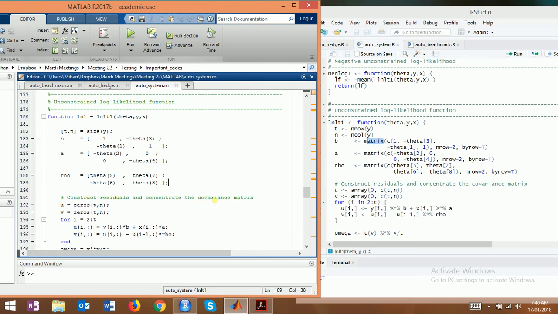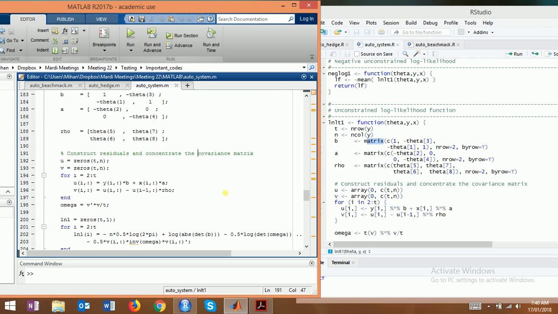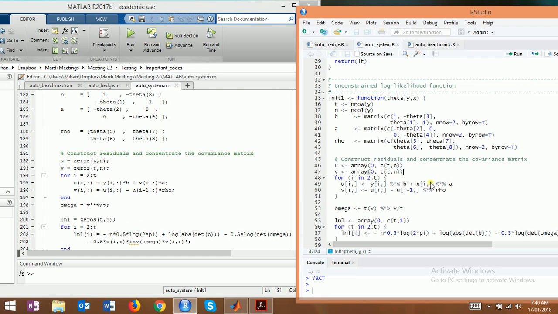Okay, so these are the thetas. Then we need to construct this. So we put all these in the matrix function, where the number of rows is 2 and the number of columns is 2, because the rows grow by T.